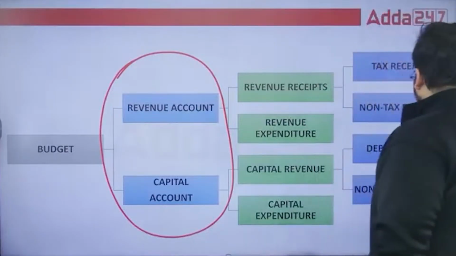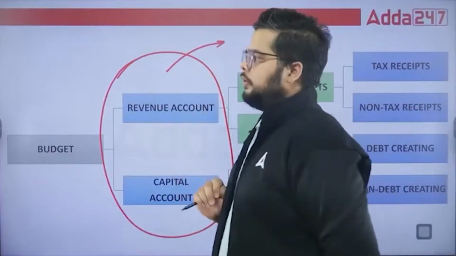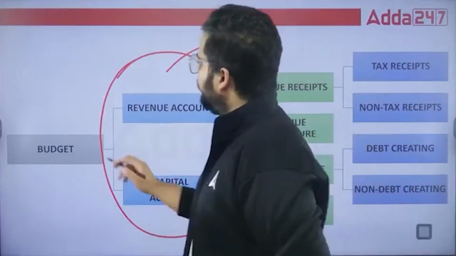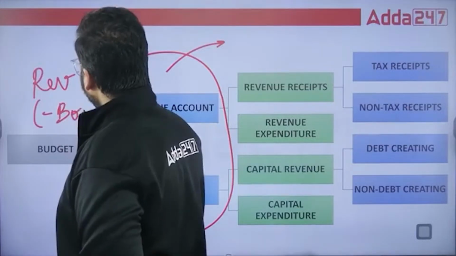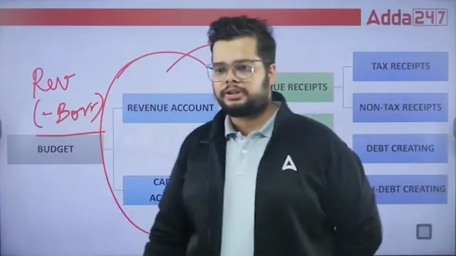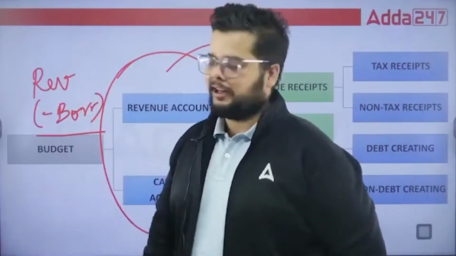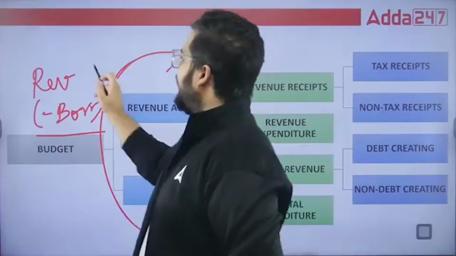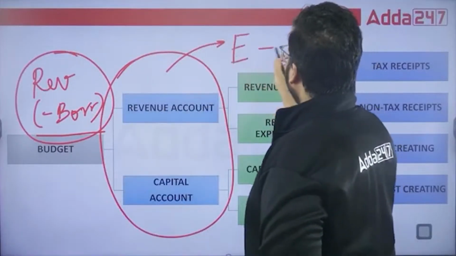Let's write it in a better manner: in the revenue and the capital account, you will have a certain part of revenue which includes the borrowings. So first of all, from your overall revenue, you exclude the borrowings. Then only you will get the exact picture, because these borrowings will be returned to the sourcing country. So it cannot be held for a long time period. It will be returned to the respective country. So first of all, remove or exclude the borrowings from the revenue portion. You will get the exact or effective revenue for our country, and then simply subtract it from the expenditure.